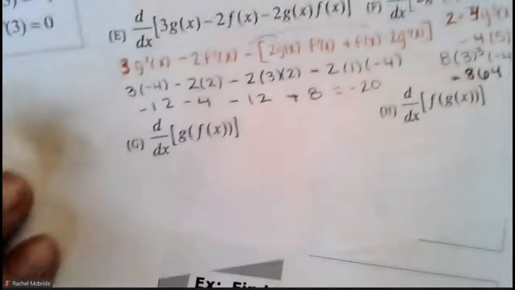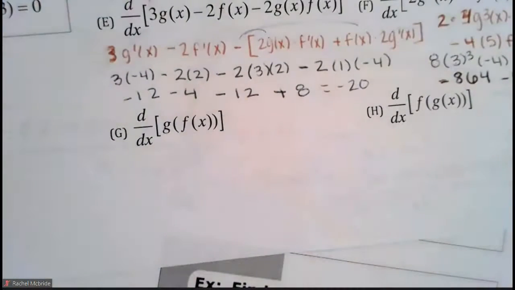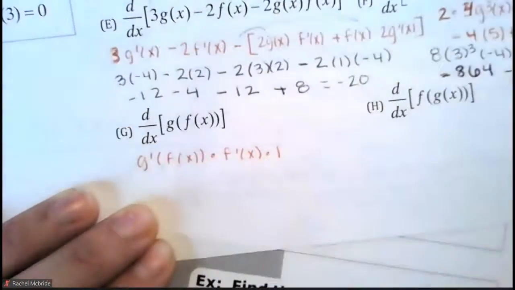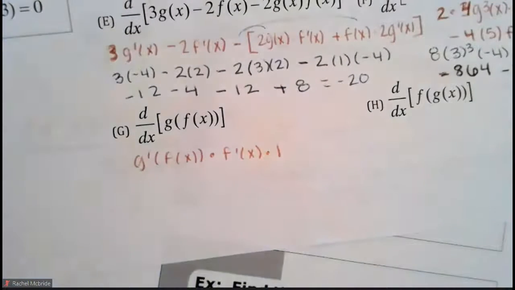And then G and H are the chain rule by its most basic definition, composition. So it's outside in. So it's g prime of f of x times f prime of x, and then the derivative of x is 1. If it was something other than an x inside f of x, you would multiply by its derivative.